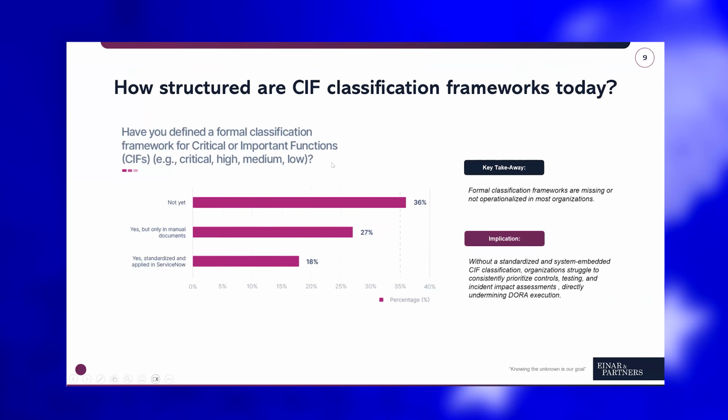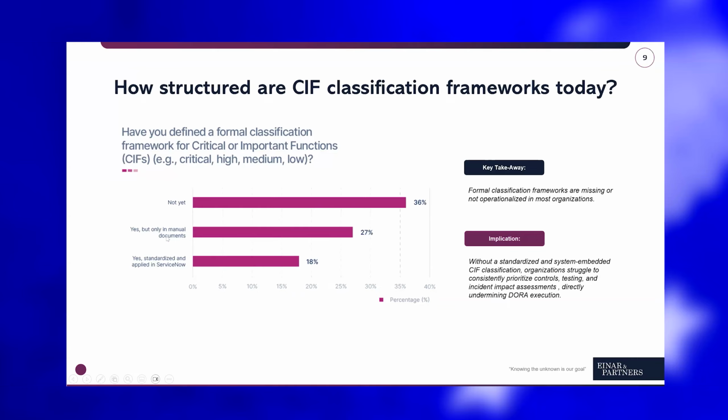And when people are identifying these CIFs or critical functions, then typically there tends to be some sort of classification framework driving that. And there's things like criticalities, how important are things, and when we look at that, same there, is there a formal classification framework? Over a third is saying that they still don't yet have a formalized classification framework.